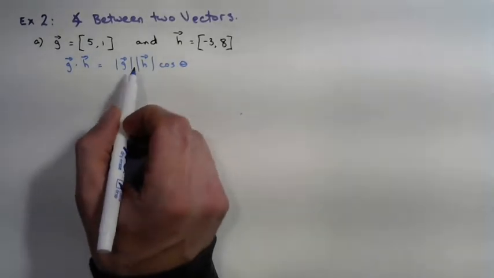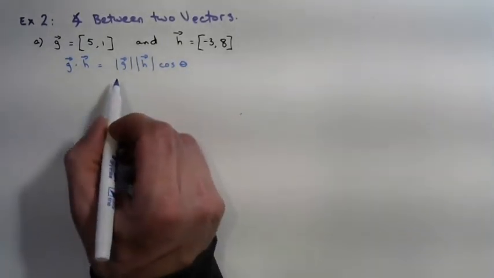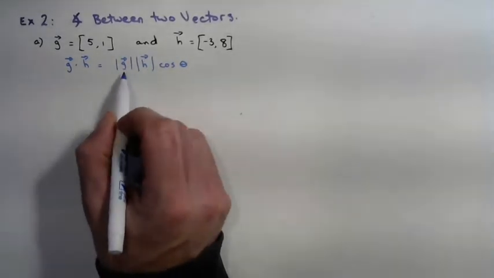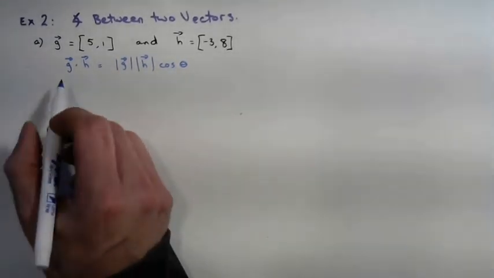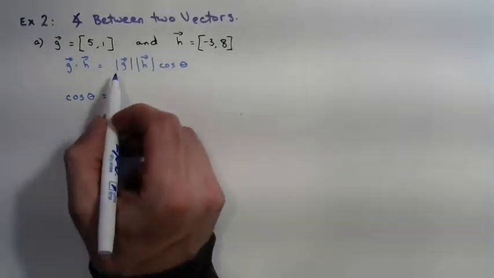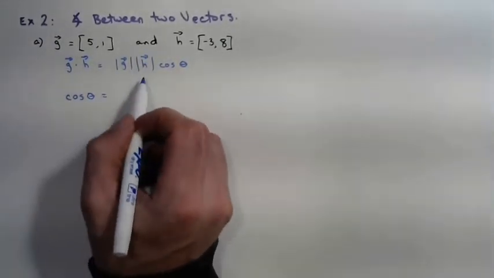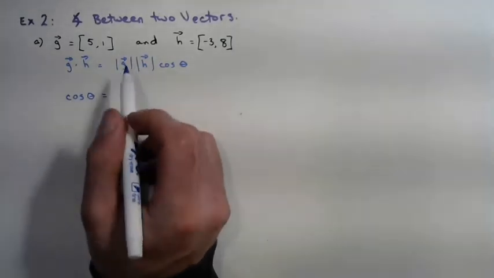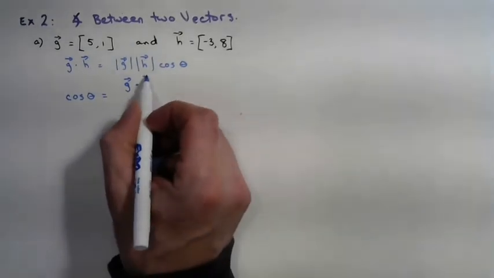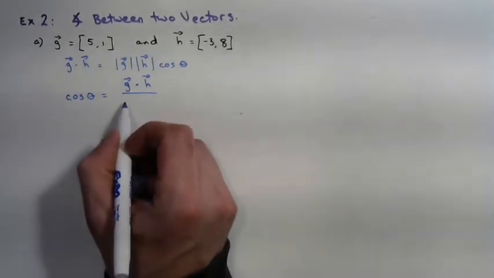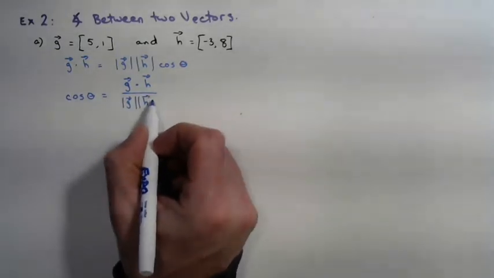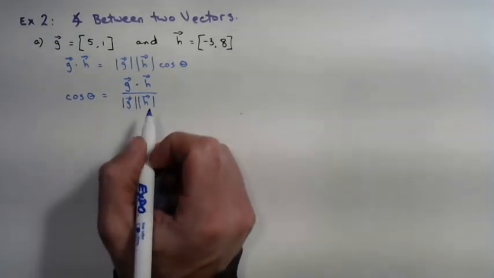You could sub in what you know and find it first, and then divide both sides by the magnitude of g and h, or I can do that right now. So right now I can express this as the cosine of theta is equal to, divide both sides by the magnitude of g times the magnitude of h. Okay, so it's going to look like in the numerator the dot product of g and h, in the denominator the product of the magnitudes of g and of h.